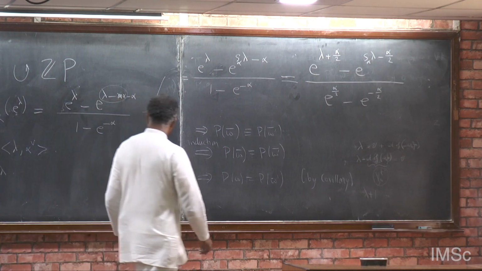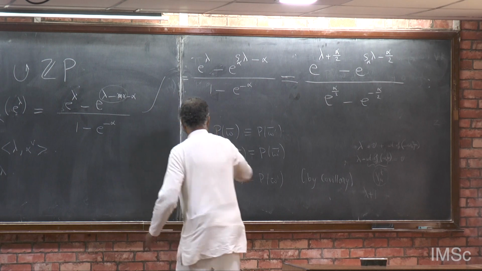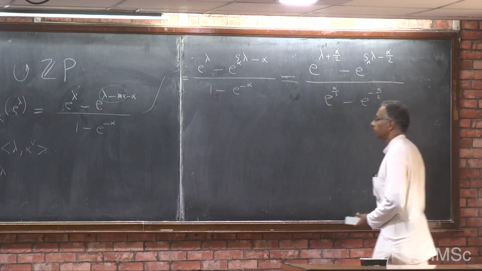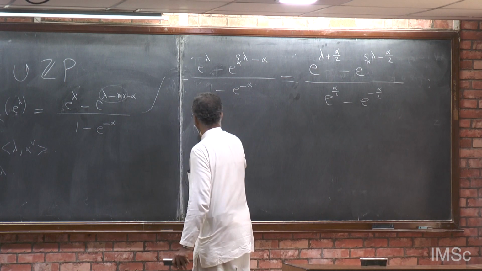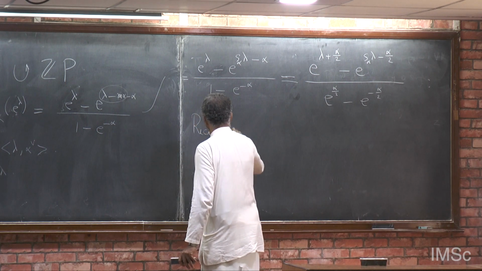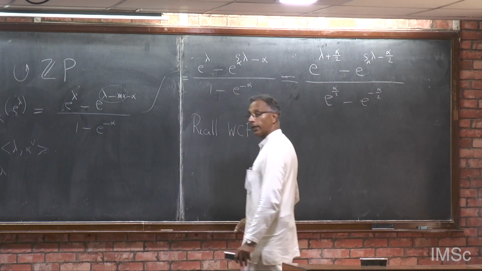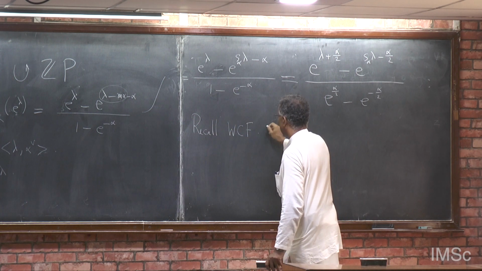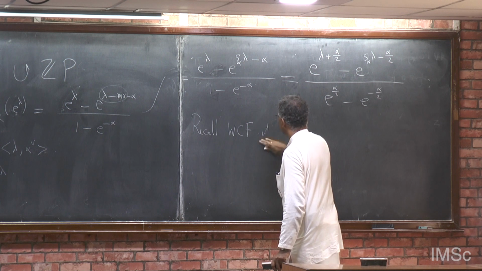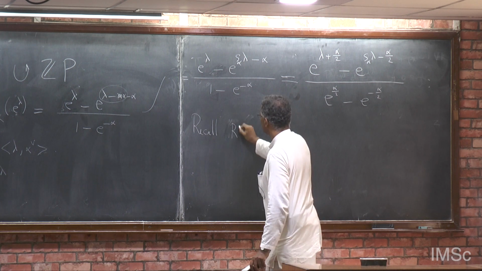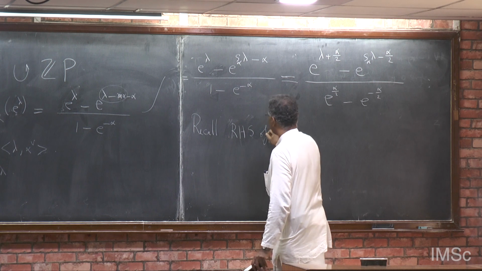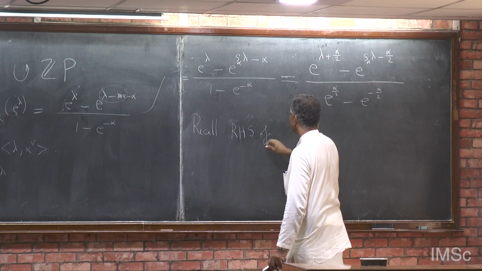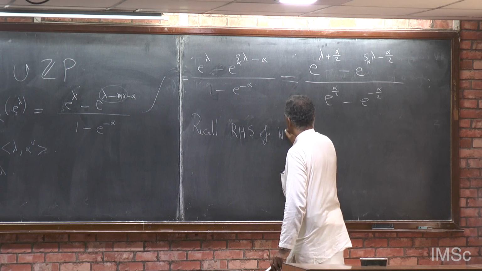Why? Because what do you write? So, recall the Weyl character formula, right. What does it say? Character of V lambda, or rather, I am only interested in the right hand side of the formula, I do not care about the left hand side for the moment, of the WCF.